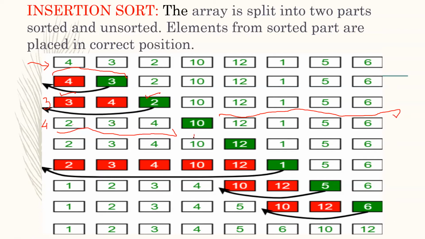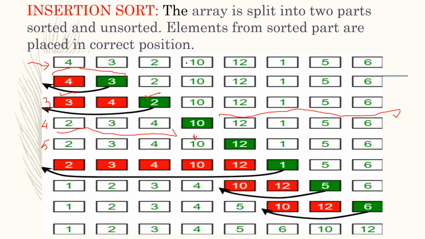Since 10 is larger than all the elements, that is 2, 3, 4, according to the fifth step, the 10 is in the correct position. We'll move on to the next steps to check if this is the correct position for 10 or not. For up to this step number 5, the 10 is in the correct position.